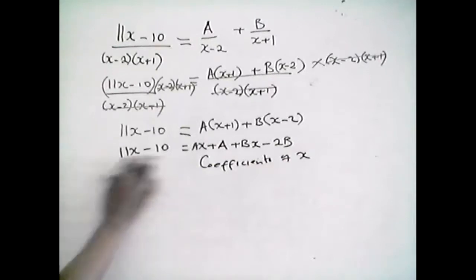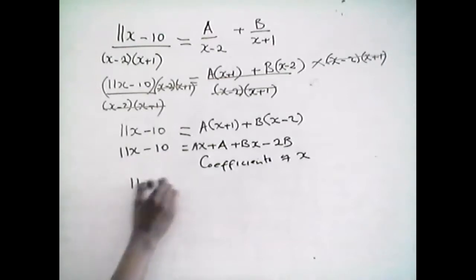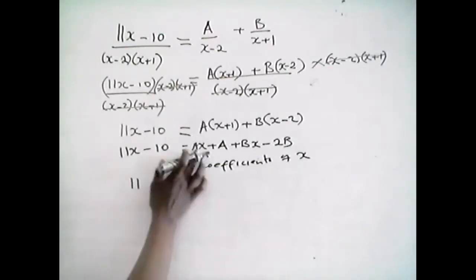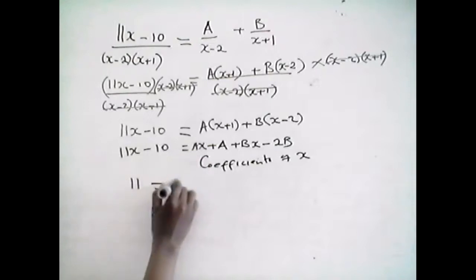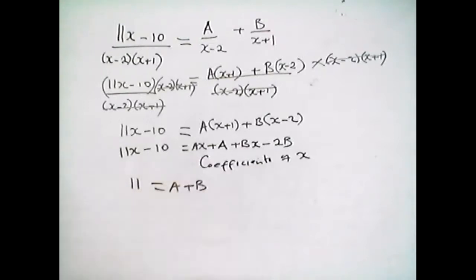So what is the coefficient of x in this case? The coefficient of x here is 11. So you say 11 equals the coefficient of x here, which is a, and the coefficient of x there is b. So we are able to see that 11 is equal to a plus b.